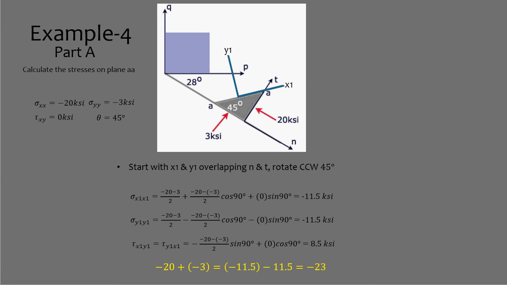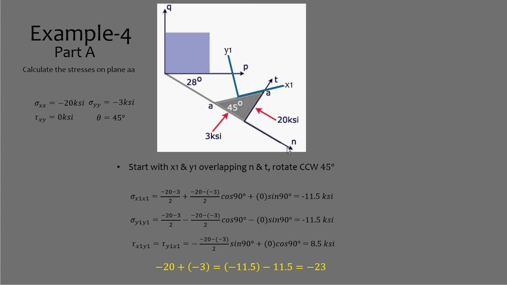So the way we're solving AA is we're first setting x1 and y1 to be collinear with N and T respectively, and then you can see we're rotating x1 45 degrees to be in line with this AA plane.